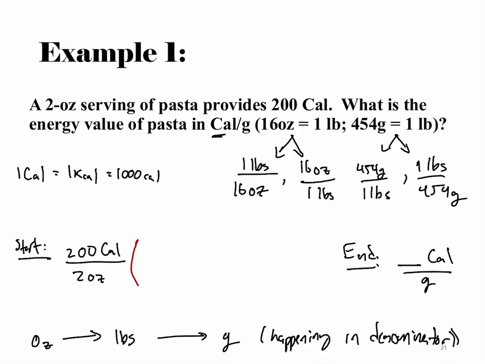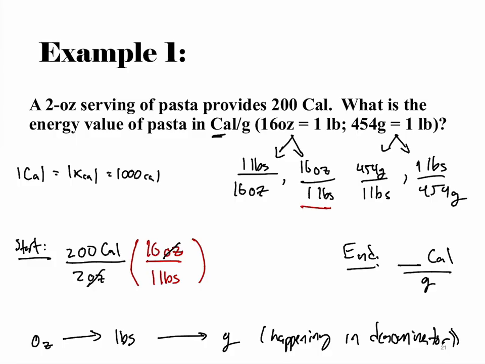So if we put in 16 ounces over 1 pound, now ounces here cancel with ounces there. Even though we've been doing conversions a lot, where everything we want to cancel out is usually in the numerator, here they're in the denominator, so we just want them on opposite sides of that ratio. So that's our first conversion factor.